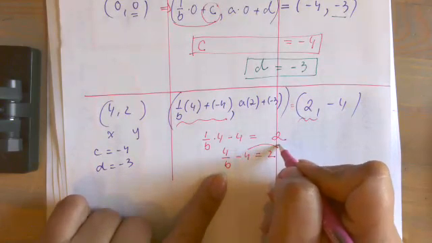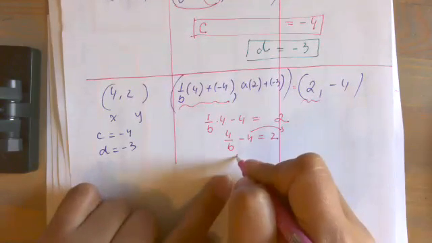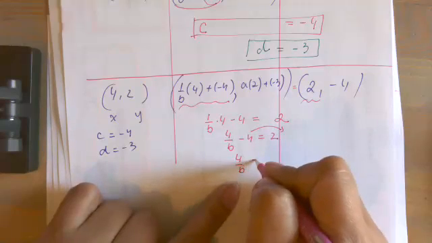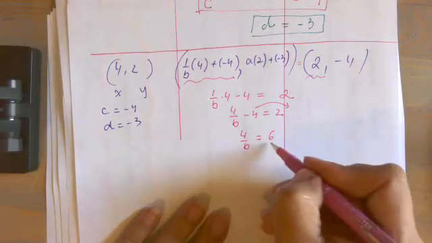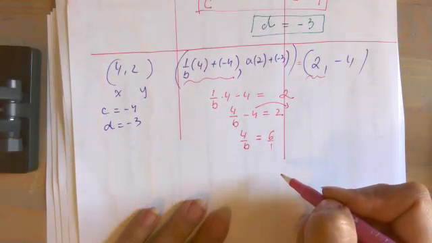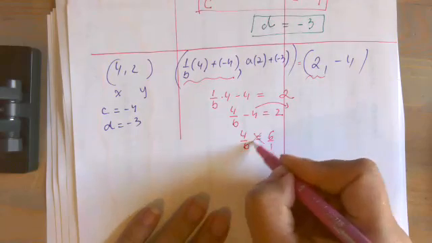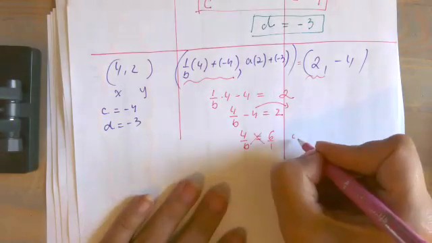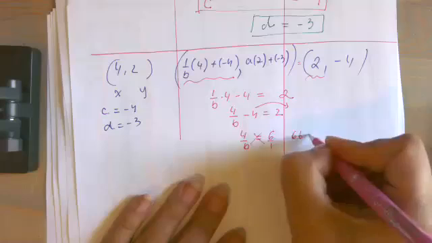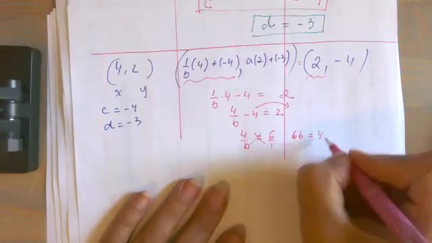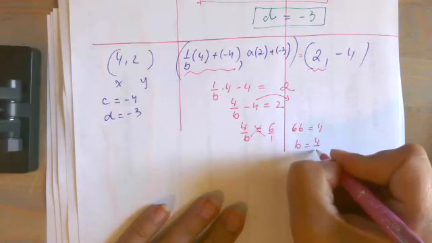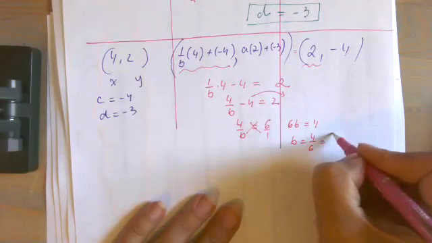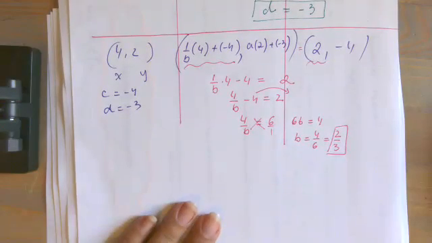Let's move this negative 4 on the other side. 4 over b equals 6, 6 over 1. You can cross multiply. We end up with 6b equals 4. Divide both sides by 6. b equals 4 over 6 or 2 over 3. We got our b value.